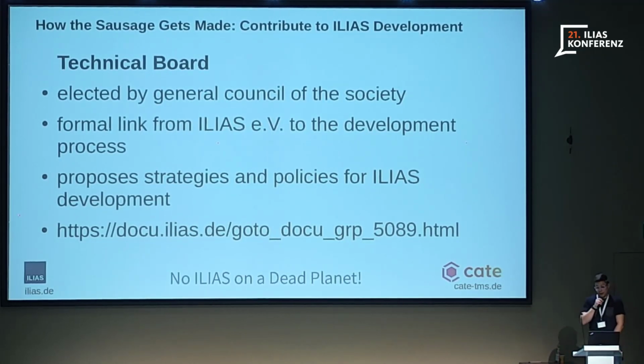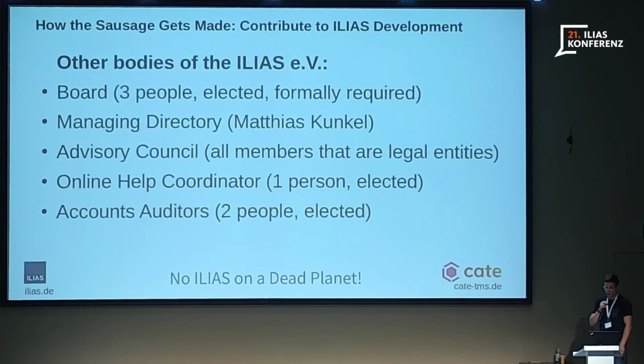There are, of course, other bodies of the ILIAS e.V., and I put them all on one paper because, as I said, most of the links from the society to the actual development aren't that strong. But of course, as every other e.V., we also have some committees that do regular stuff for e.V.s and also some more specific stuff.